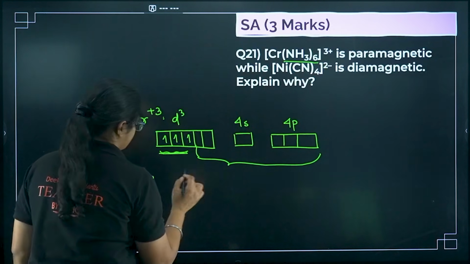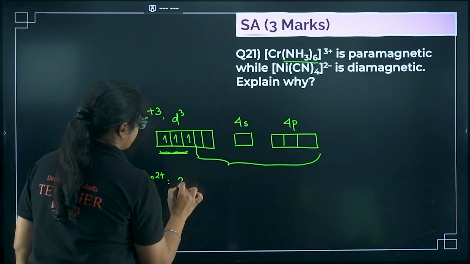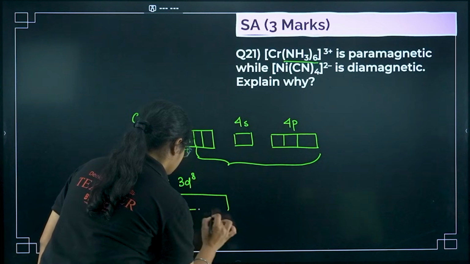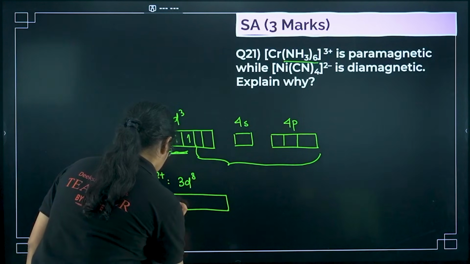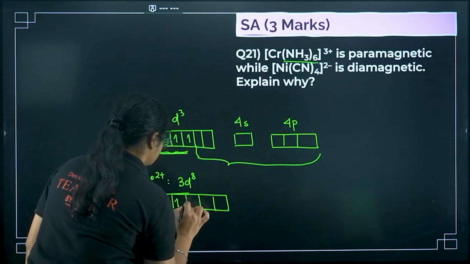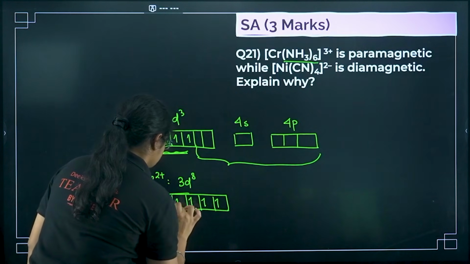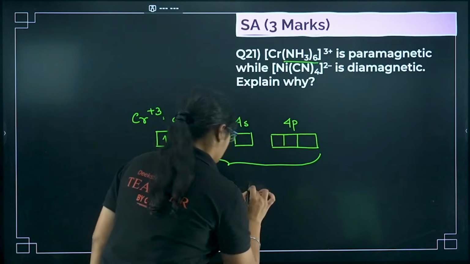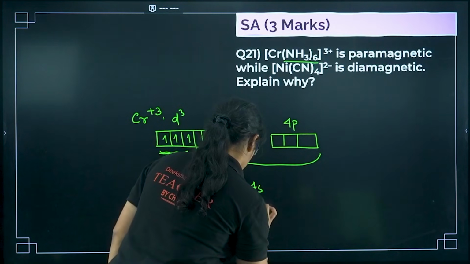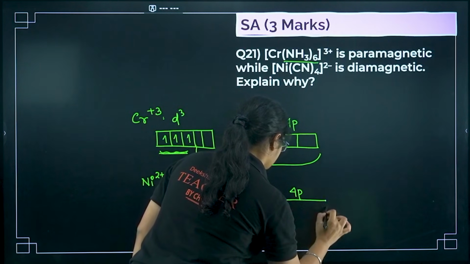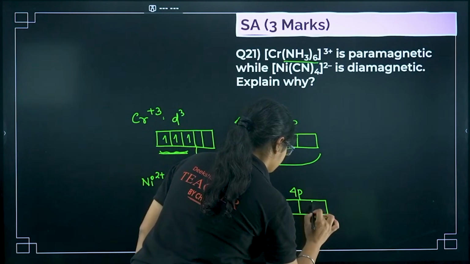Now let's talk about nickel. In [Ni(CN)4]2-, nickel will be in the plus 2 state here. Its electronic configuration is 3d8. Now if I draw 3d8, 1, 2, 3, 4, 5, then 6, 7 and 8. After 3d we have 4s, and after that 4p.